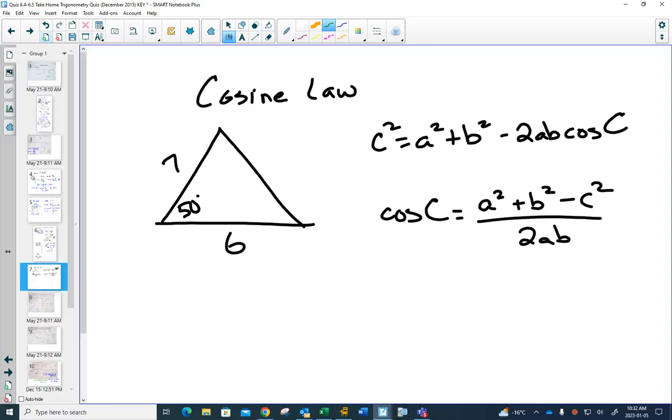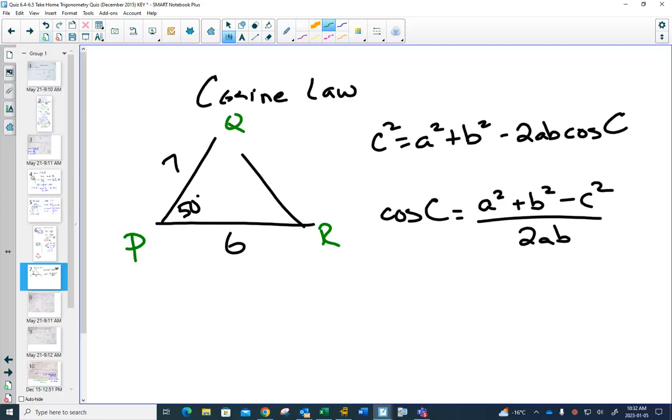Because I could make this triangle A, B, C, and it wouldn't match up with the A, B's, and C's there. Or I could make this triangle P, Q, R, and then you're like, I don't have P's, Q's, and R's in my formula.